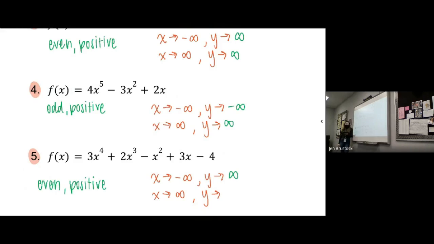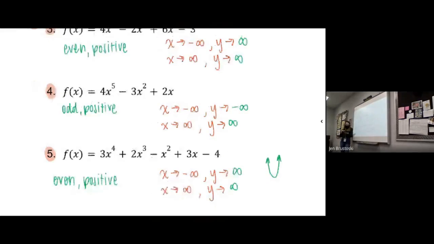And then as x is approaching infinity, where is y going? What's your name, Kaylee? It's going to be positive infinity again, because this is the U-shaped one, like that. Okay?